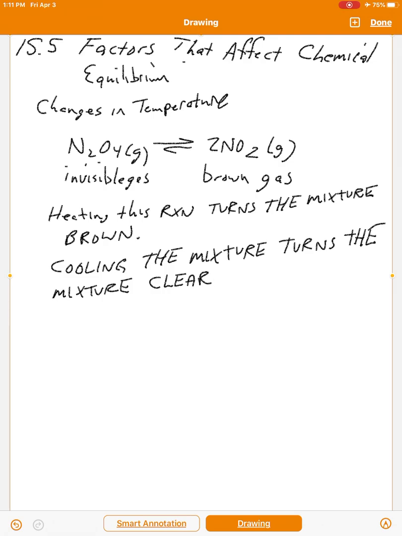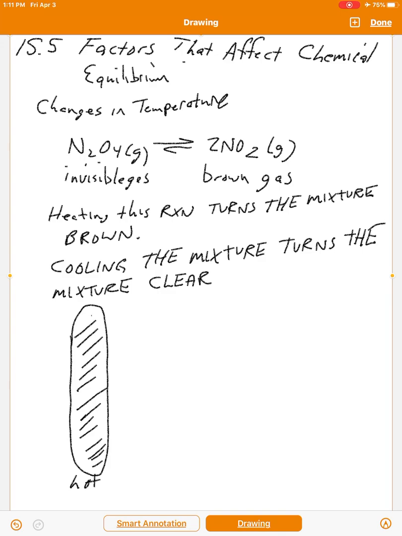Okay? So in other words, if you had a glass container, like a closed off tube, and you heated it, so you made it really hot, put a flame underneath it or put it under boiling water, what happens is it turns brown. The gas turns brown. And then if you do the opposite, you put it in a refrigerator, so make it cold, it becomes clear.